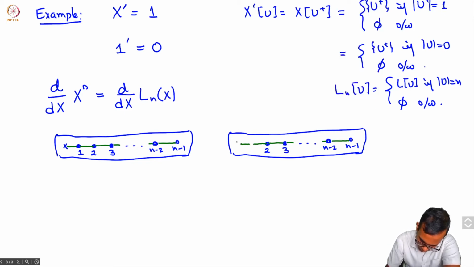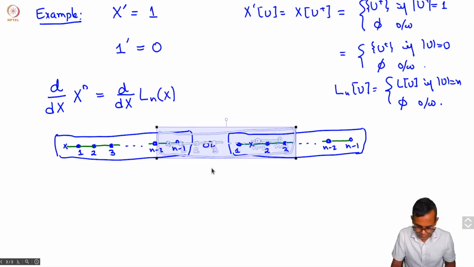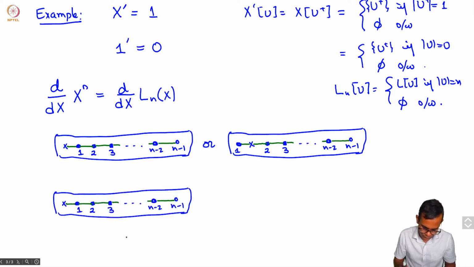The 1 is over here, the star is over here. Or we may have something where the star is in the third position.